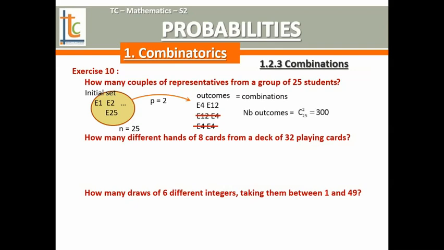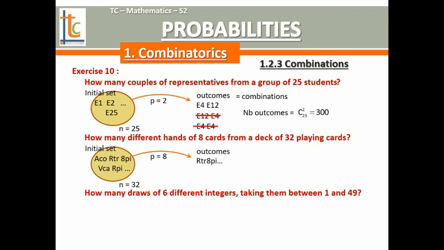Second example, how many different hands of 8 cards from a deck of 32 playing cards? So you have to choose 8 cards from a deck of 32. So let's name the cards like that, but there is no importance.